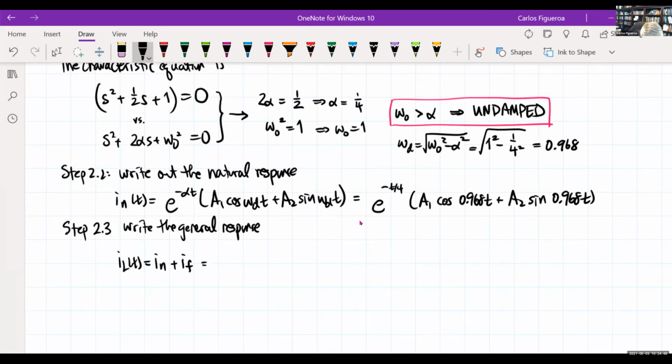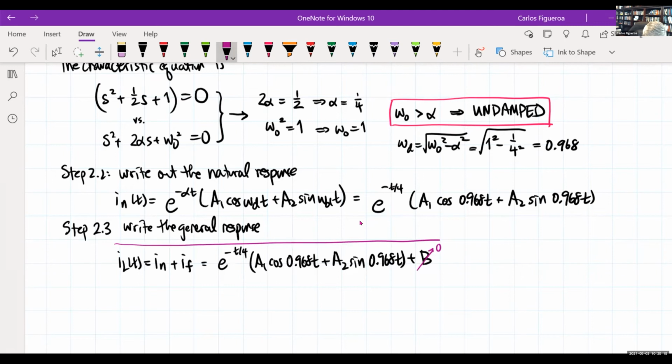It's e to the minus t over 4, A1 cosine 0.968t plus A2 sine 0.968t plus B. B is our force response, but we already saw that B was equal to 0. So now we have our complete general response. We're set up later on to apply the initial conditions to get A1 and A2.